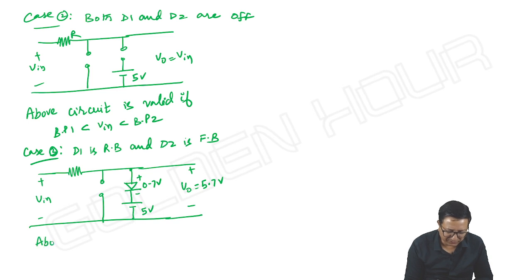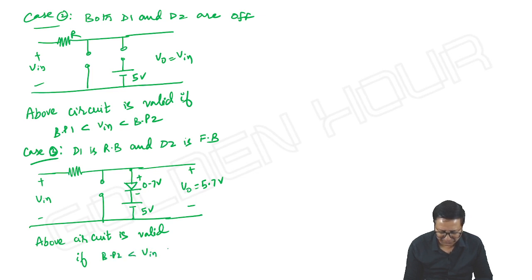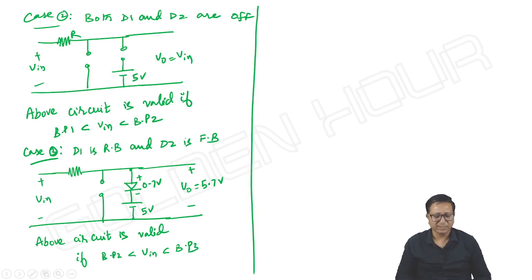The above circuit is valid if breakpoint 2 is less than V input, less than breakpoint 3. Okay. Let it be. Further, I am increasing the input above 10 volts.